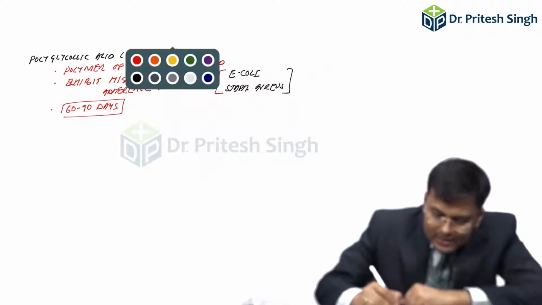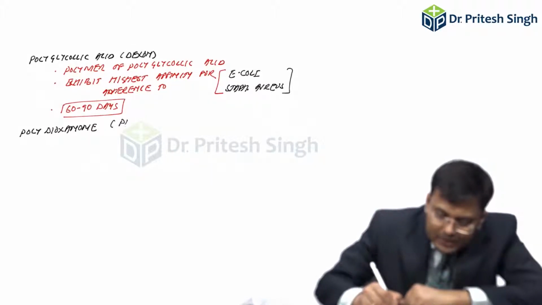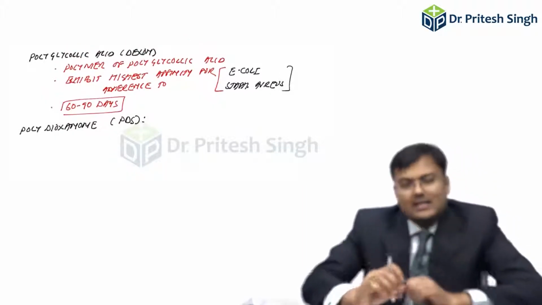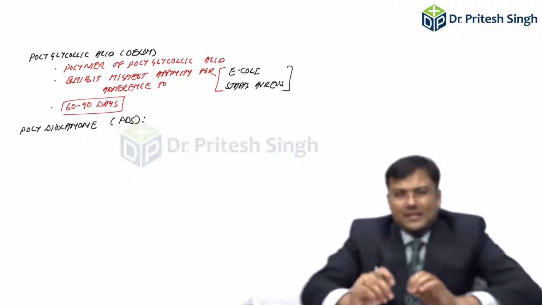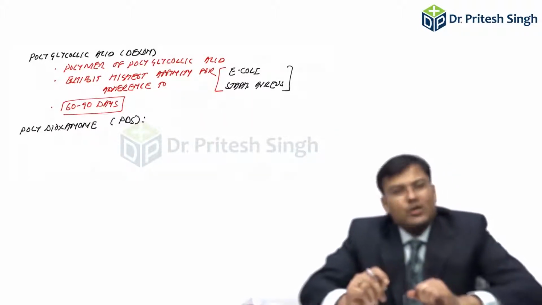Next important is polydioxanone. The other name of this suture is PDS. Dexon has the highest affinity for adherence to E. coli and Staph aureus.